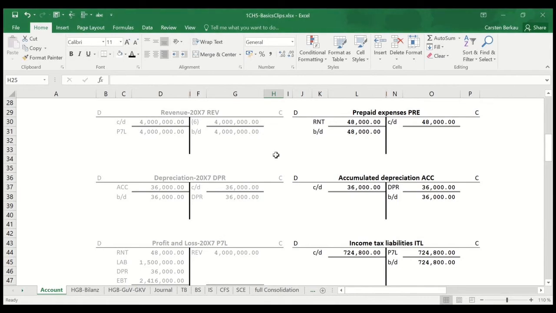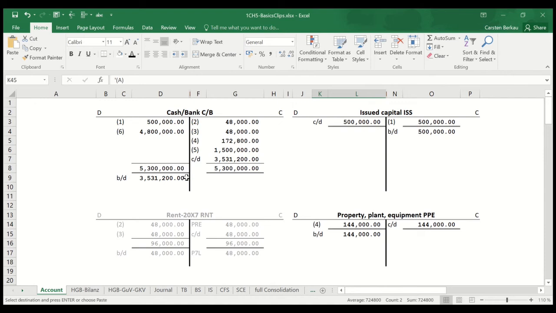Our first bookkeeping entry will be to pay the income tax liabilities. I will record the bookkeeping entry alpha. Alpha is a debit entry in the income tax liabilities account. And the credit entry is recorded in cash bank.